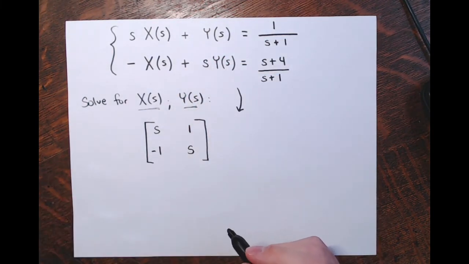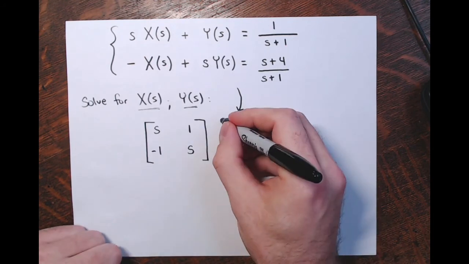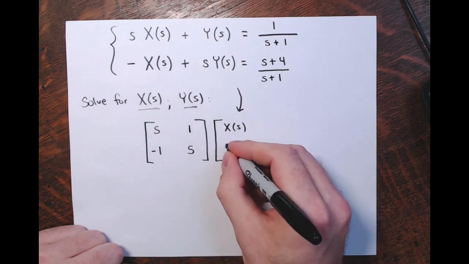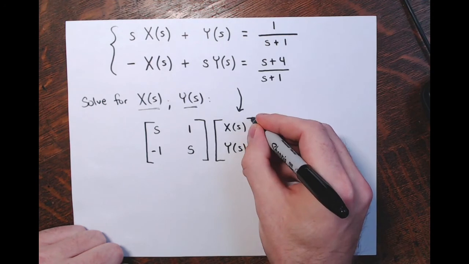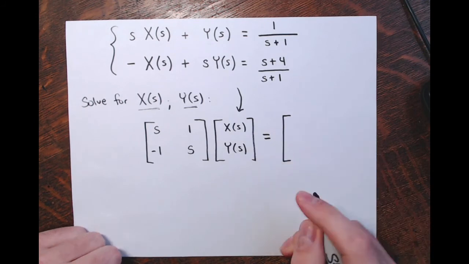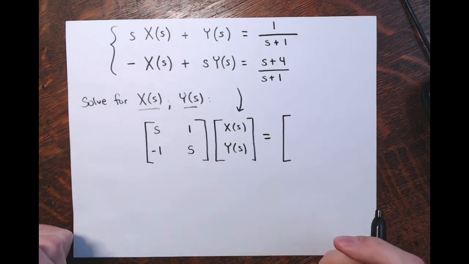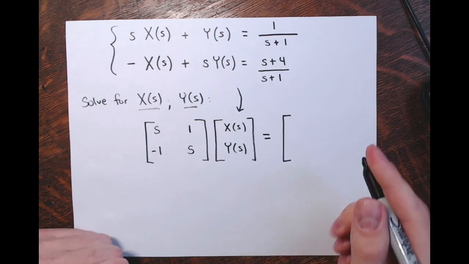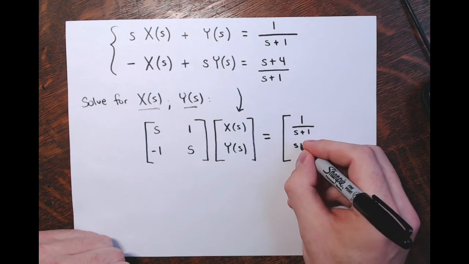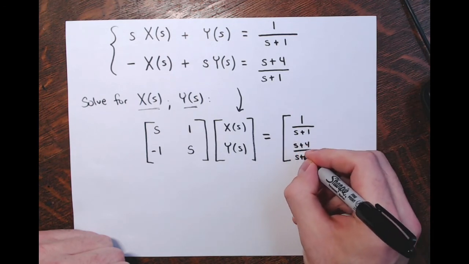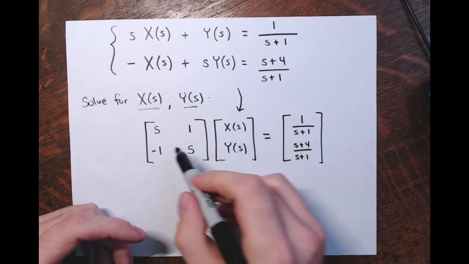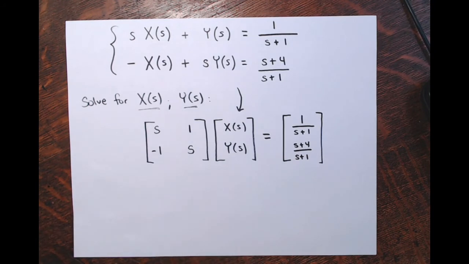So there's the coefficient matrix times the function matrix, or the variable matrix, with x of s and y of s, what I'm trying to solve for, equals a constant matrix, though it will involve variables, the parameter s: 1 over s plus 1 for the first entry, and then s plus 4 over s plus 1 for the second entry, because if you replace s with some value, these are going to be constants if s represents some real number.